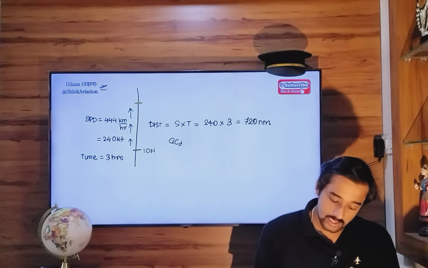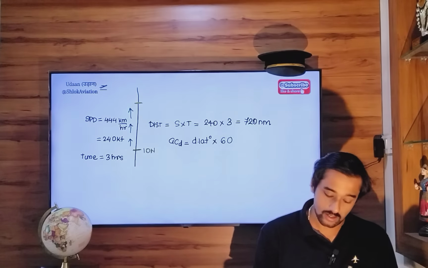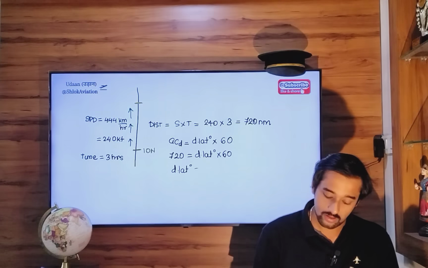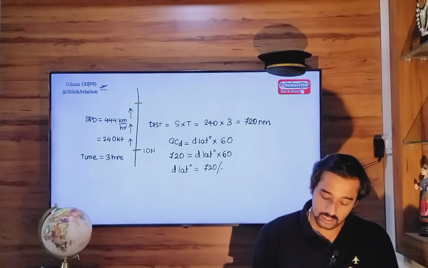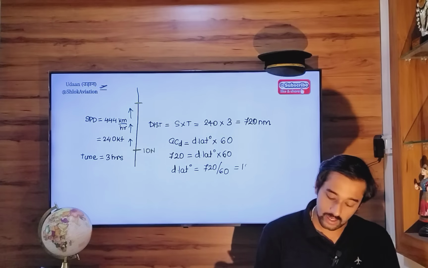So great circle distance will be d lat in degree into 60. So 720 equals d lat into 60. D lat will be 720 by 60, which is equal to 12 degree.